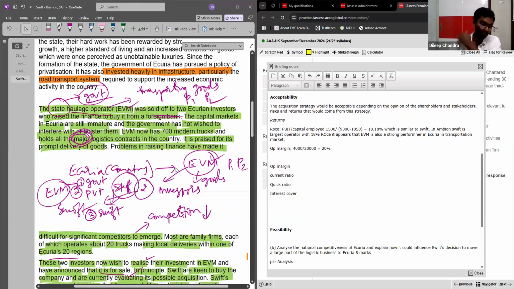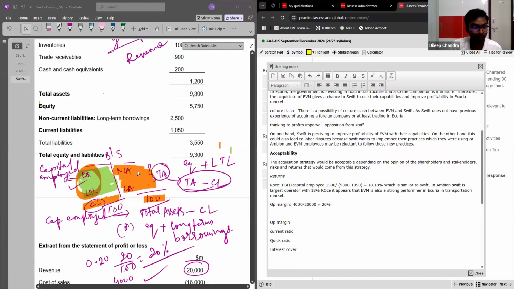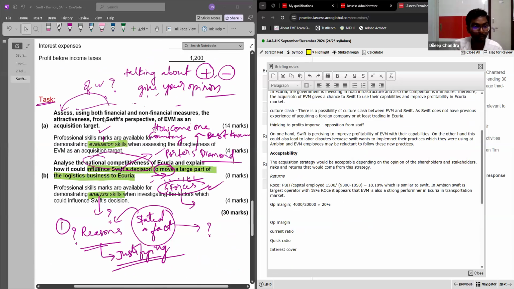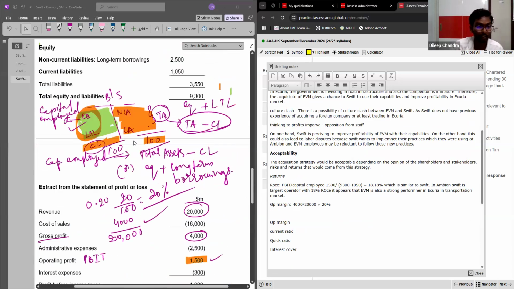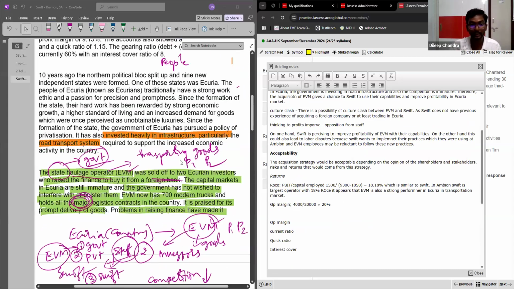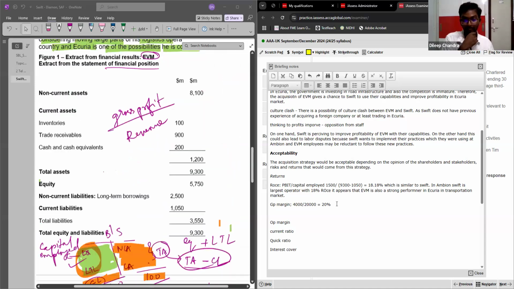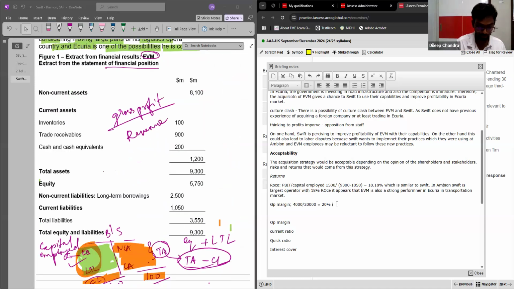Okay, so we're doing the assessment. Swift's profit margin is 17%. All right. So EVM's GP margin of 20% is higher than Swift's.